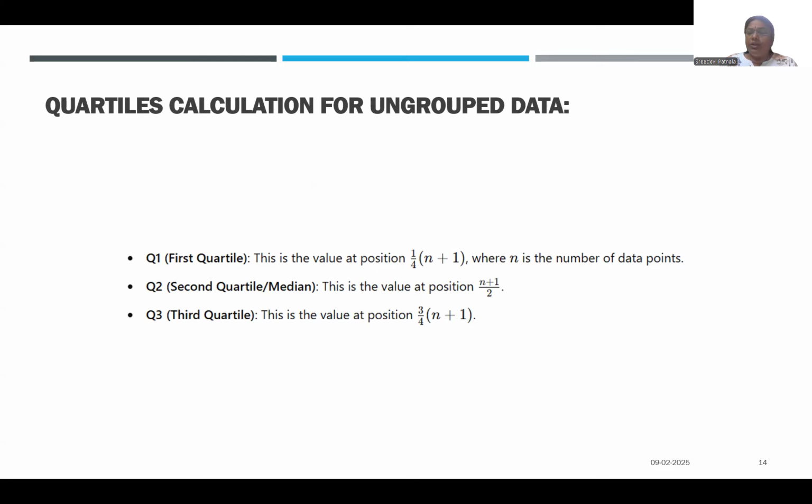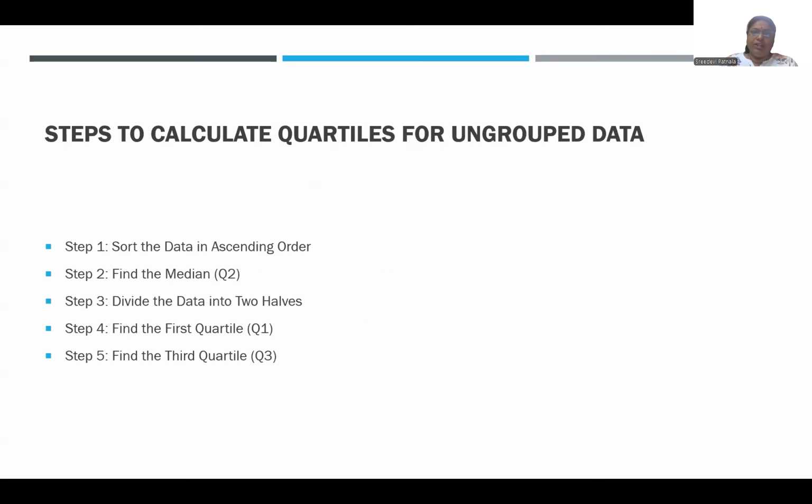Then how you interpret all these will come in your IQR. So what are the steps to calculate the quartiles for a given ungrouped data set? First, as in all of statistics, arrange the data in ascending order. Then find the median, Q2, which is just the middle value.